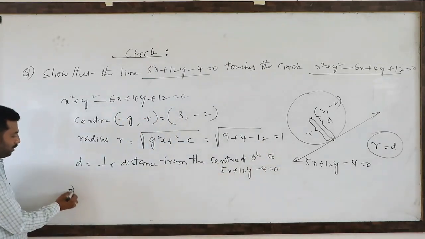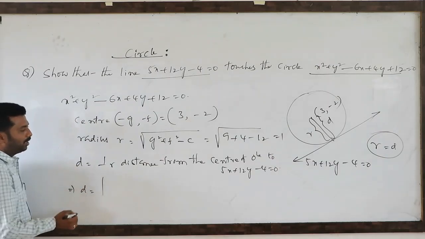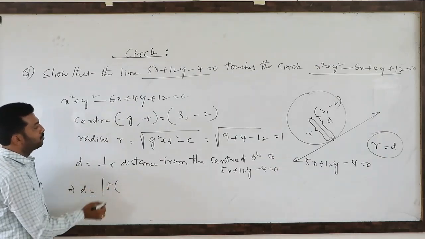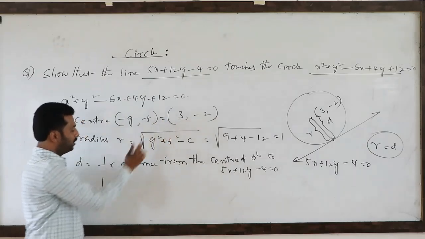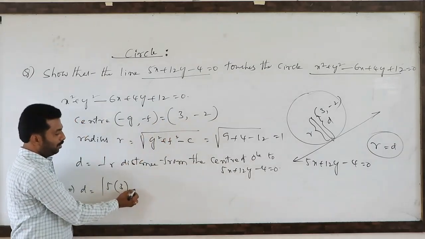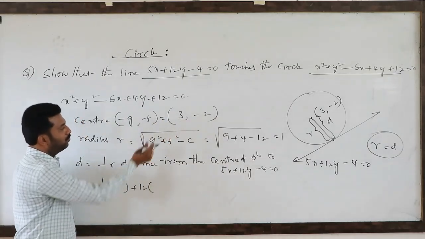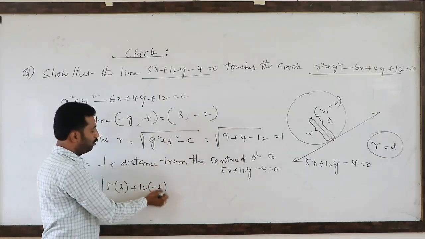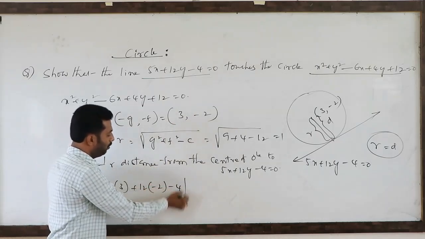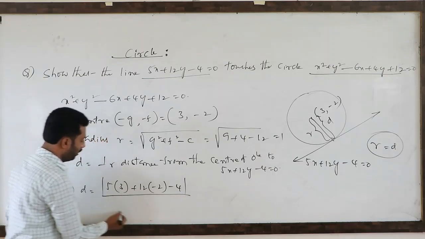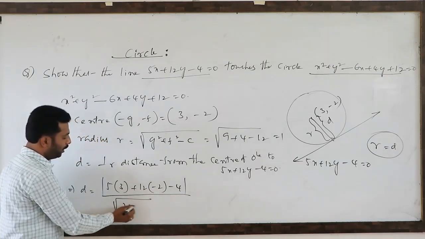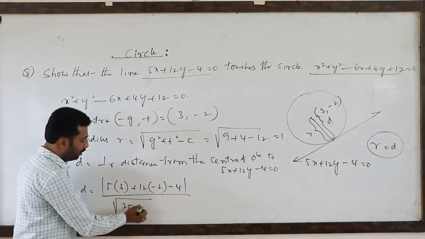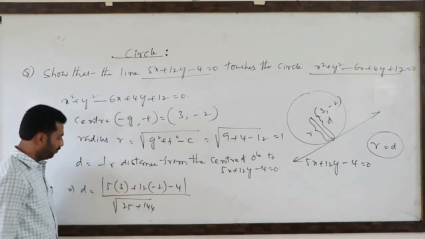Just observe. d equals the modulus of a x1, from the center, this is 3, plus 12 into minus 2 minus 4, divided by the square root of a square, which is 25, plus b square, which is 144.